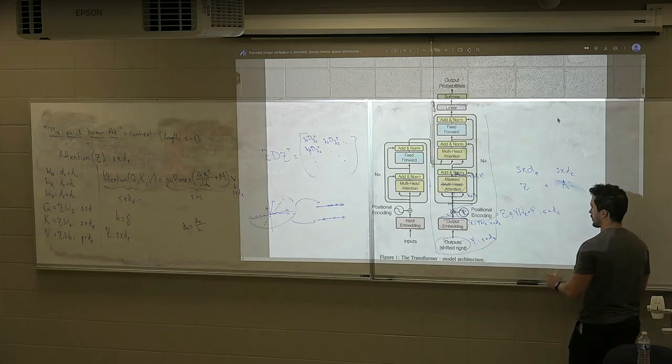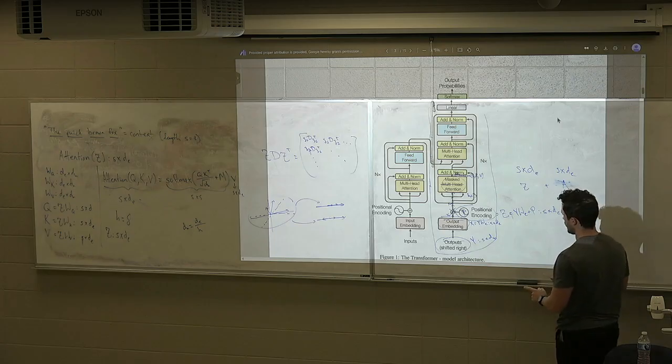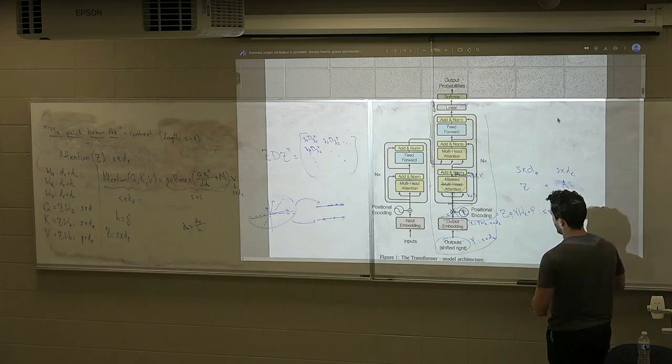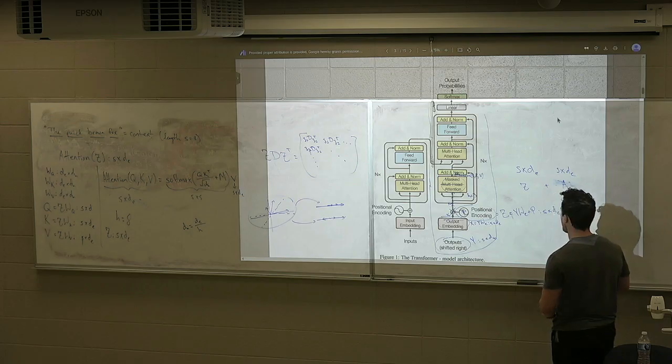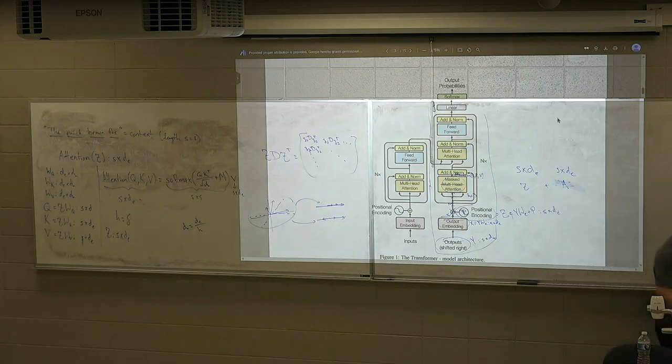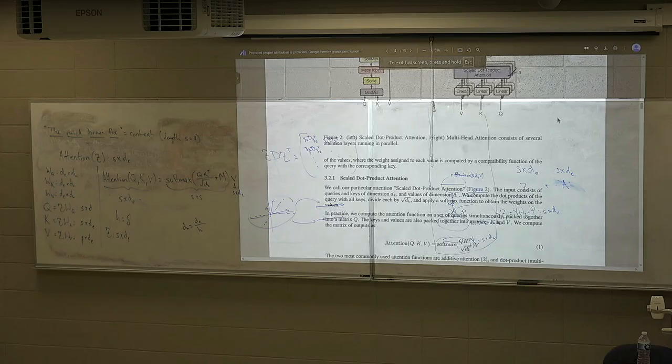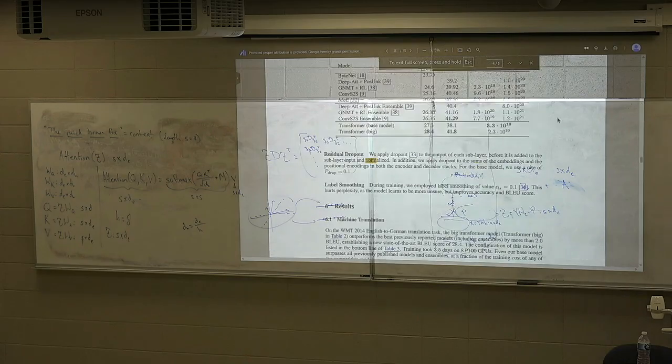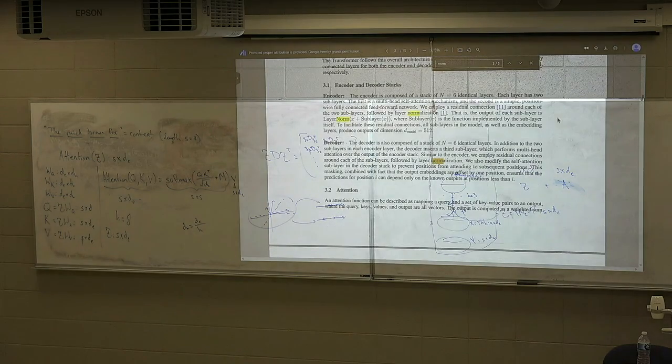You've got these two matrices, and they're embeddings of your token sequence. Yeah, it's typical layer norm.